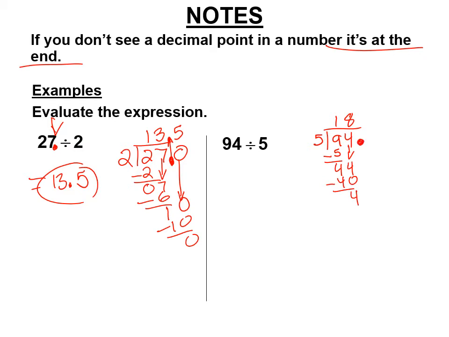Decimal in 94 goes straight up, 0 straight down. 94 divided by 5 is 18.8, or 18 8/10.